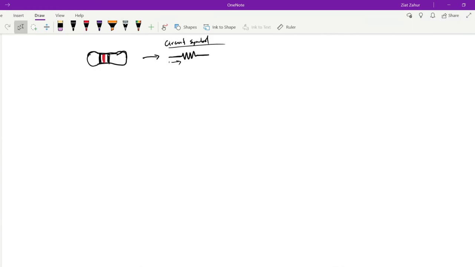Okay, so if you use your vocab words from the last unit, a conductor, something that allows electrons to move freely, would be a terrible resistor, right? So conduction and resistance, or conductivity and resistivity, are actually inverse of each other.